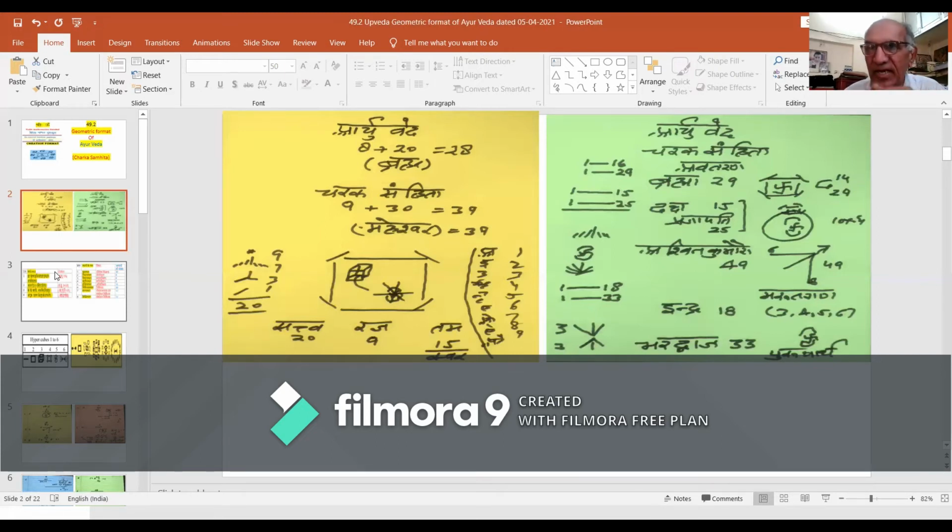So Tamas to Rajas would mean that we reach from TC value 15 of the formulation swar to 9 swaras, 9 vowels. And then a step ahead from Raj to Sattva would mean a reach from value 9 to value 20.